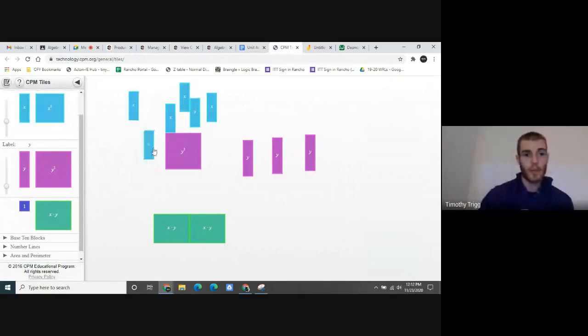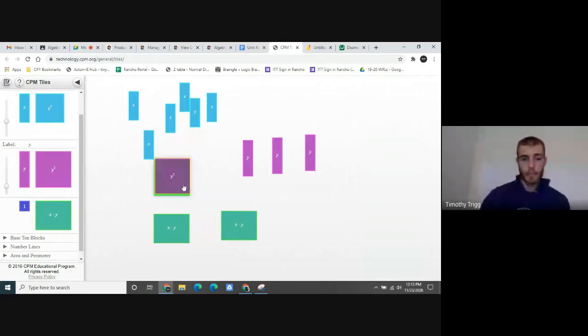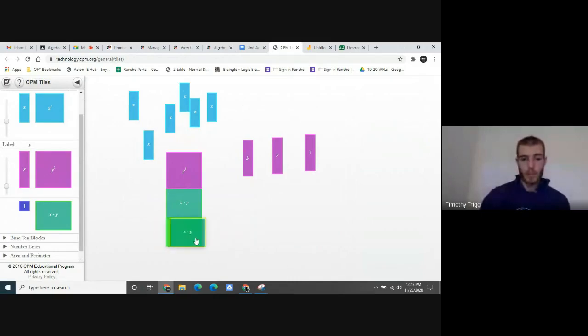Okay. So now our goal is to make a perfect rectangle using these things that we have here. Well, let's start with the y squared. Then we can maybe either put both these like this, or we could put one like that. If we put them like this, then we would need an x squared to go here. We don't have an x squared to work with, so that's probably not an option.